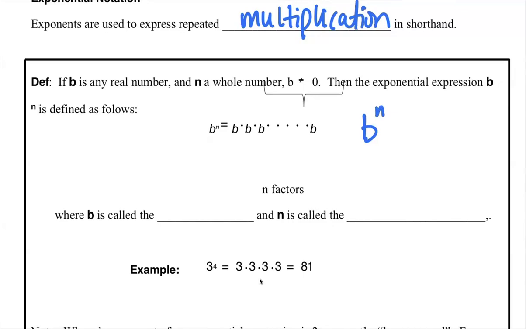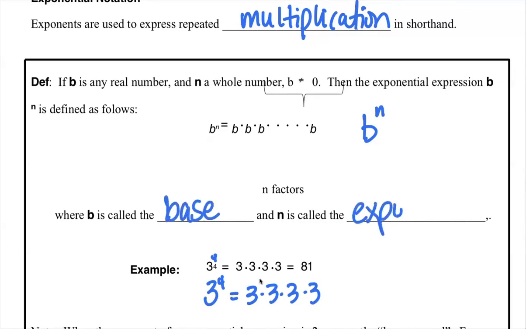So for example, if we had 3 to the 4th, that would mean 3 times itself 4 times. That exponent, and this should be up in the top right corner, tells you how many times you're multiplying the base. So b is called the base, n is called the exponent.